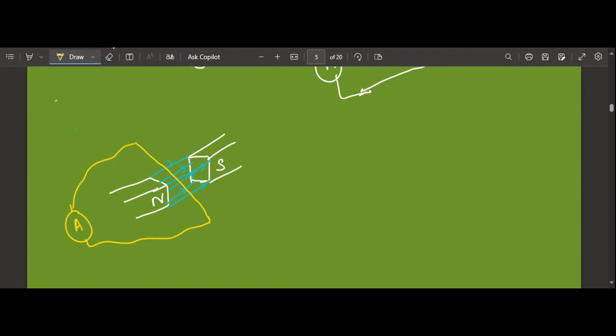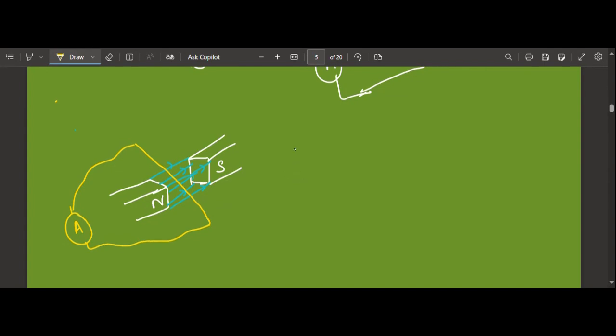So if this wire, AB, cuts the magnetic field lines, there will be a voltage induced.